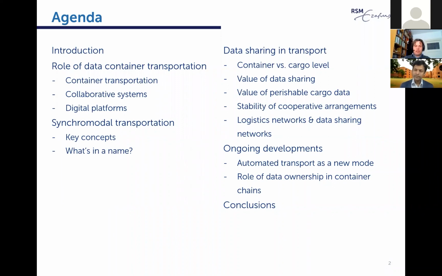Synchromodal transportation, the word has already been mentioned, but I will explain it to you as well to make sure that you are aware of what it stands for. It has to do with a new way of organizing container transportation. And then I will talk more about data sharing in transportation, covering a variety of topics that relate to this.